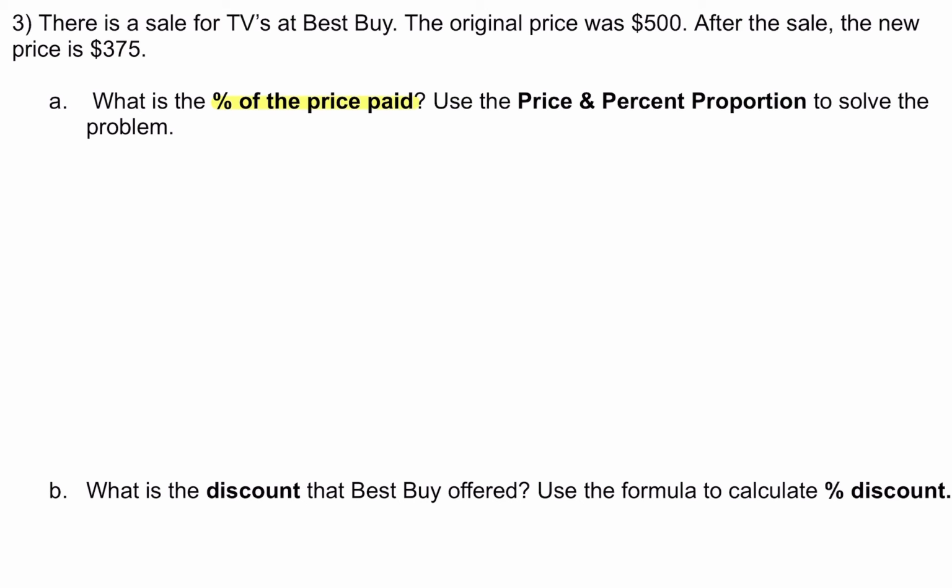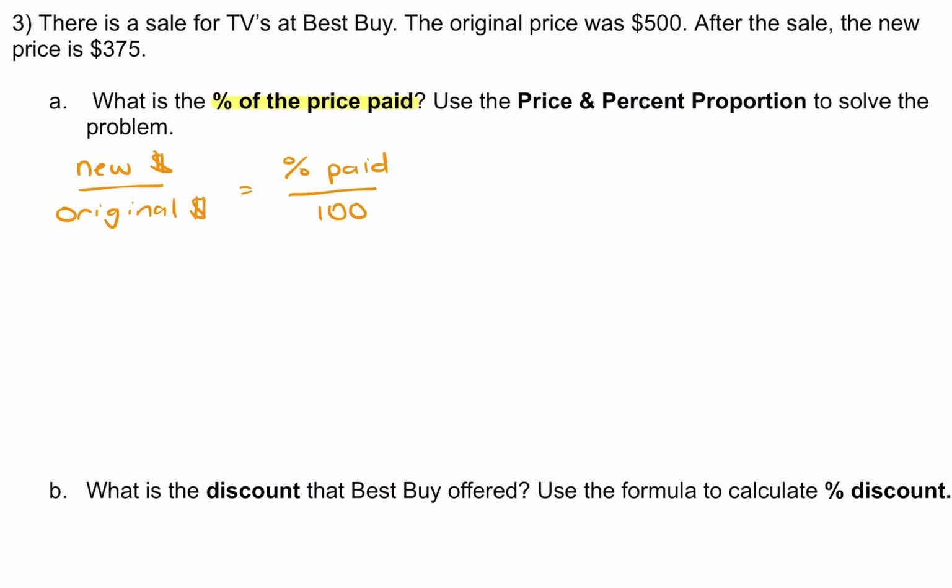So we go ahead and, just like in other examples, set up our price and percent proportion, which is new price over the original price. That's our first ratio here. And we want to make that equal to the percent paid over 100. And what you want to do is fill in all the information that you know.